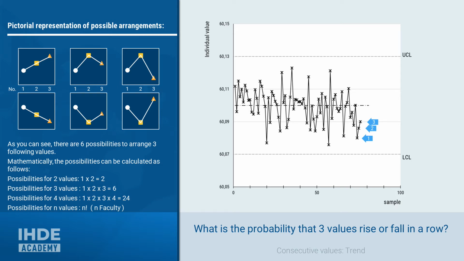Four values can be arranged in 24 different ways, calculated by 1 times 2 times 3 times 4. In general mathematical terms, the number of possibilities is calculated by n factorial, where n is the number of values.